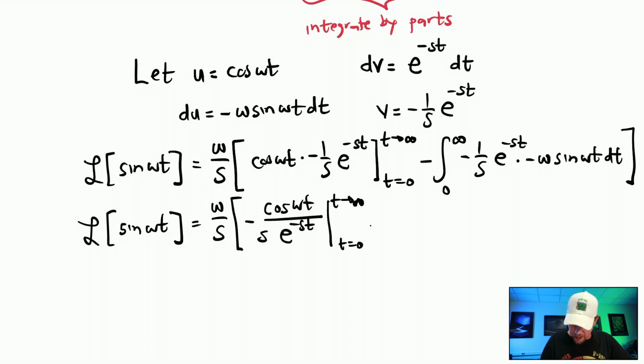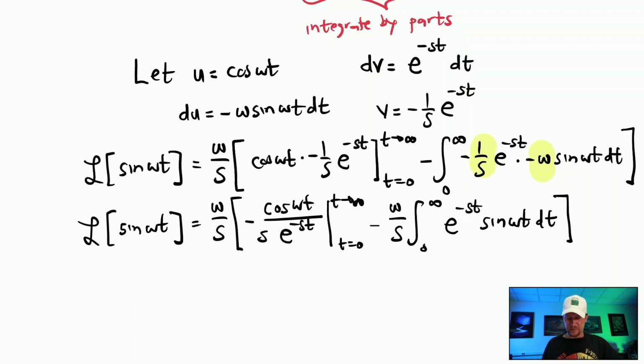And then we have 3 minus signs there, so they're going to be minus signs like that. And we have omega over s that we can pull out of this integral. So we have that part that we can pull out, and then we're left with the integral from 0 to infinity of e to the minus st sine omega t dt, like so.